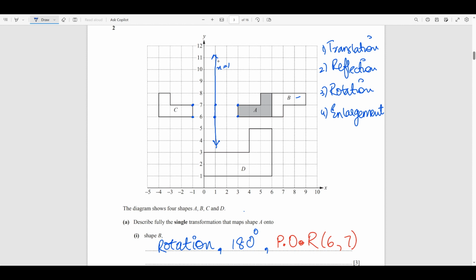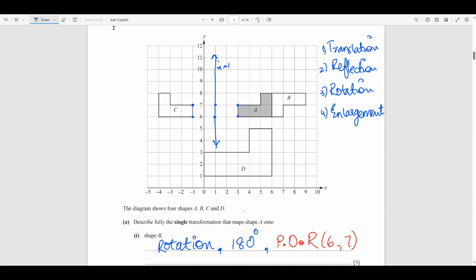Otherwise, if you think that it has rotated as well, this is called negative enlargement. We'll see in the other video how this goes. Anyway, D is the enlargement of A, and first of all we'll see the center of enlargement and then the enlargement factor, the scale factor, right?